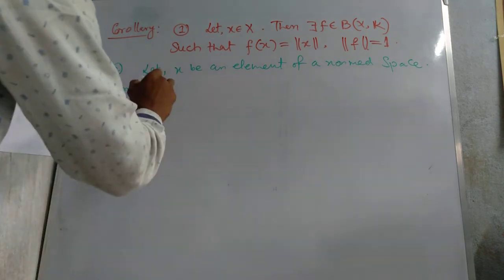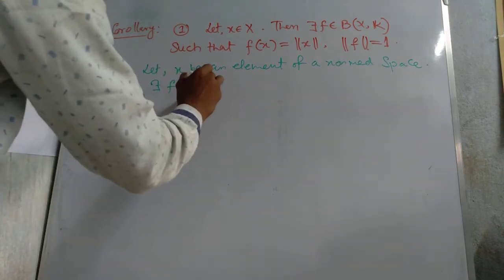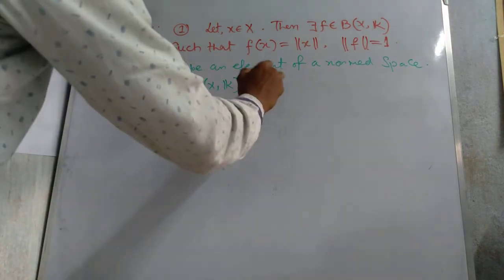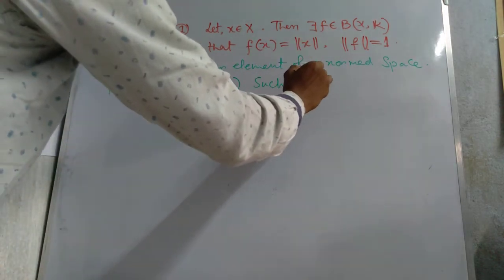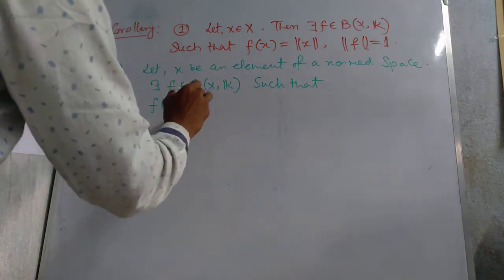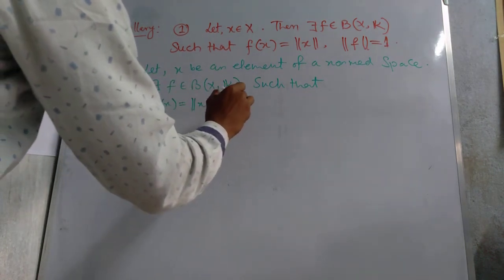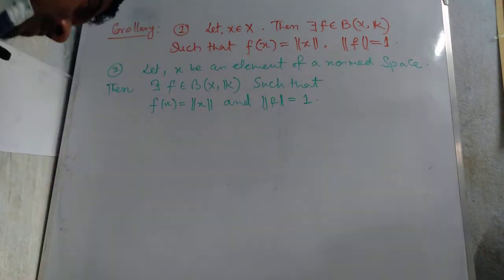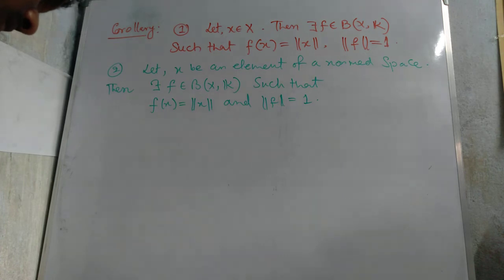Then there exists f belonging to X star such that f(x) equals norm of x and norm of f equals 1.